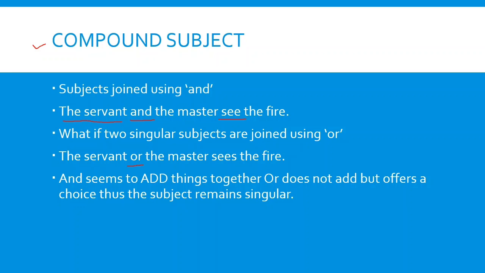Now the question is, what if two singular subjects are joined using or? Look at the sentence. The servant or the master sees the fire. The verb you can see is singular. Why so? Because, dear students, "and" seems to add things together, so it becomes a plural subject.